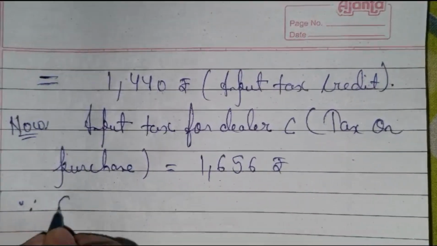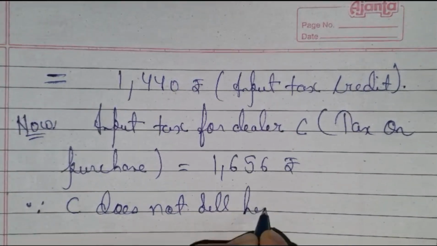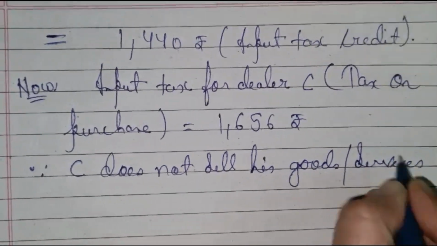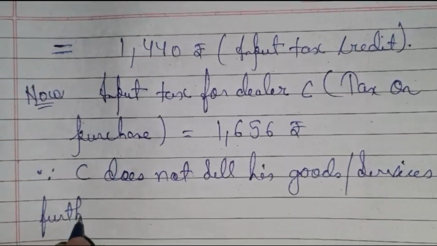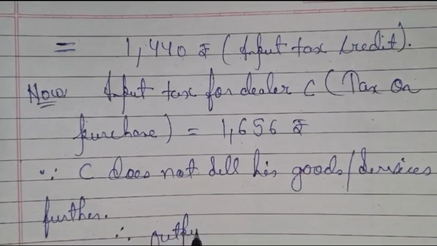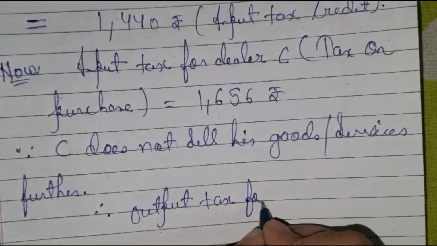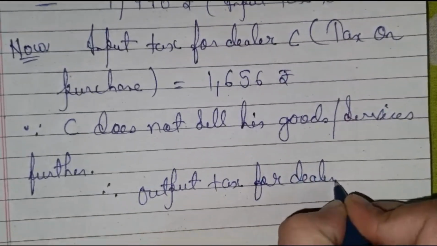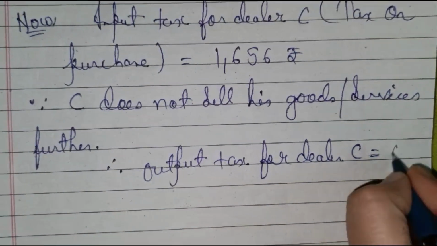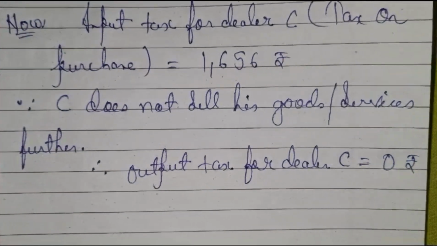Since C does not sell his goods or services further, therefore output tax for dealer C equal to 0 rupees. So it is the solution of this question.